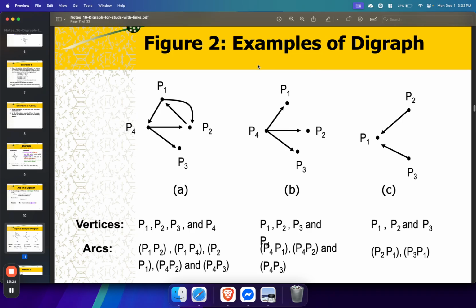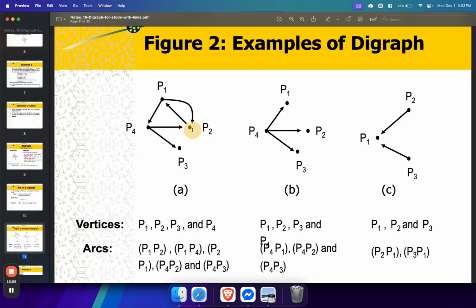So for other examples of the digraph, we have this example. We have P1, P2, P3, and P4. P1 points to P2, P1 points to P4. So that means there should be an ordered pair going from P1 to P2 and P1 to P4. And you will see in this list of arcs, there's a P1 to P2, P1 to P4.